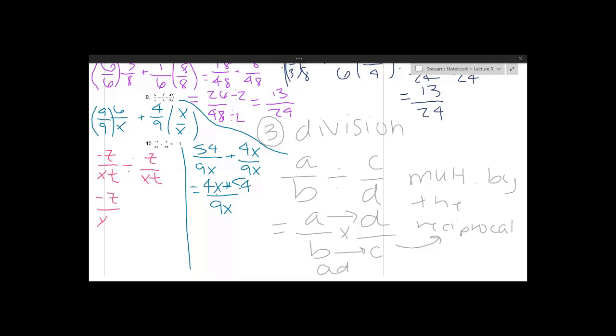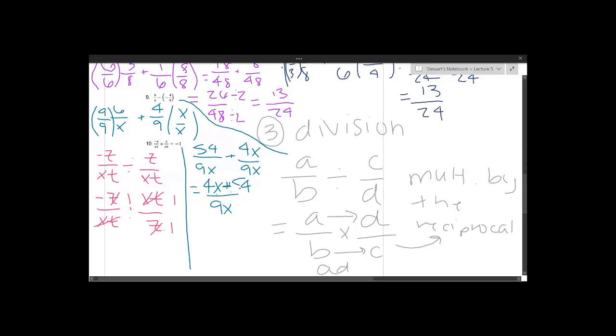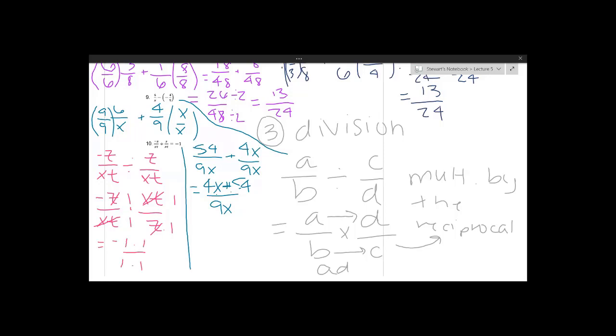So we have negative z over xt times xt over z. Now that we're multiplying fractions again, we can cross cancel. Z and z are the same number, so they're divisible. So you're going to be left with 1s. Xt and xt are the same number. You can divide xt by itself and give 1. So you're left with -1 times 1 over 1 times 1, which is just -1.